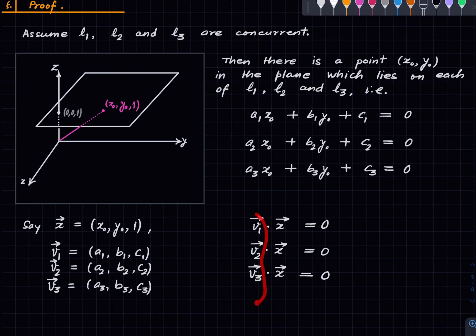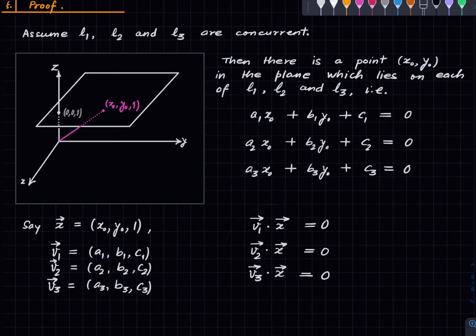So all the three vectors v1, v2, v3 are perpendicular to a given non-zero vector, and hence the three of them lie on a single plane. There is a single plane which contains all the three vectors. So all I'm using is the fact that the set of all the vectors perpendicular to a given non-zero vector form a plane, and therefore these three vectors lie on a plane.